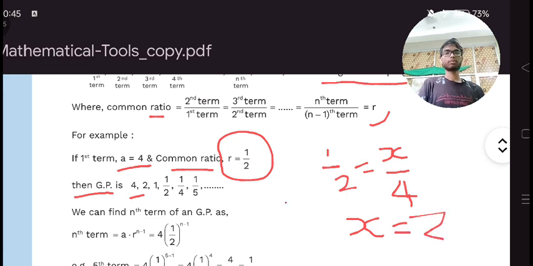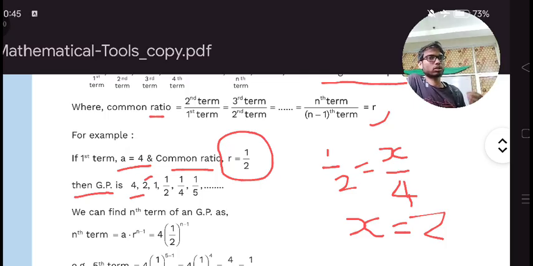So second term is a 2, second term we know. Then like that we can calculate the third term, then fourth term.